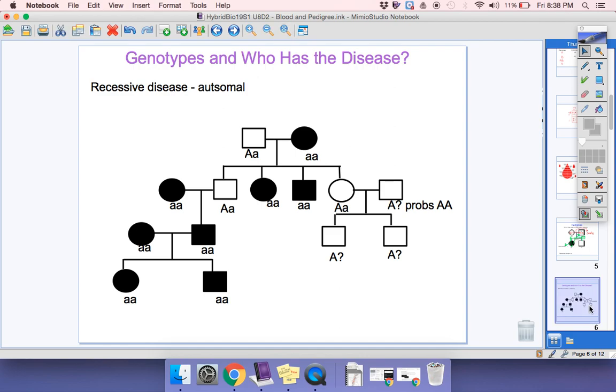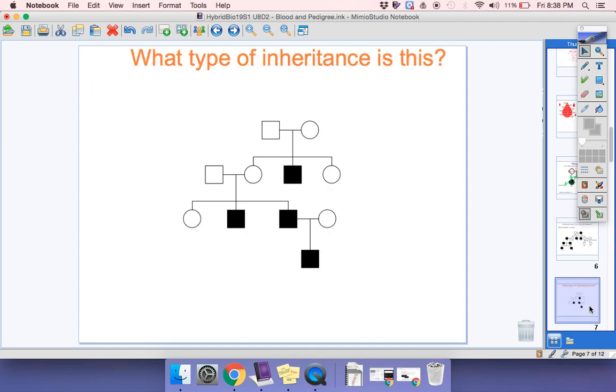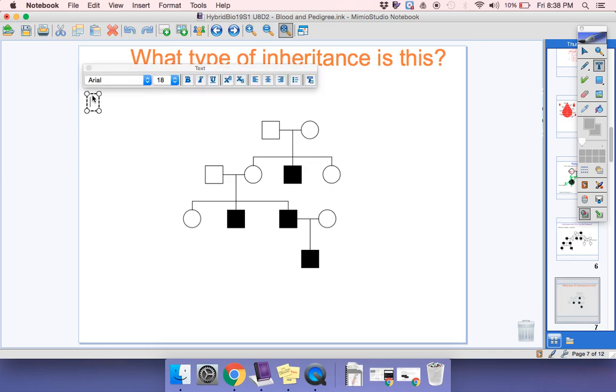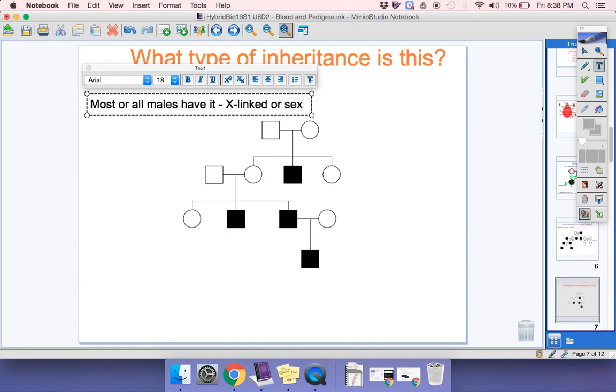Okay, the last thing to know about pedigrees is this type of inheritance. If you look at a pedigree and mostly or all males have it, we call it an X-linked or sex-linked disease.